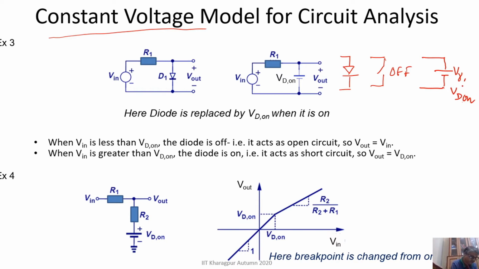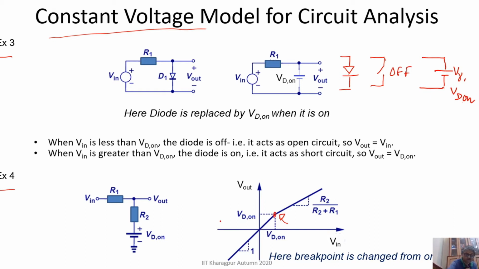And using that assumption we can also solve the problems, and I have discussed example 3 and example 4 in the last class, using that assumption that the diode can be replaced by V gamma or VD on when the diode is on. And that way you see that the breaking point is shifted up to here instead of the origin.